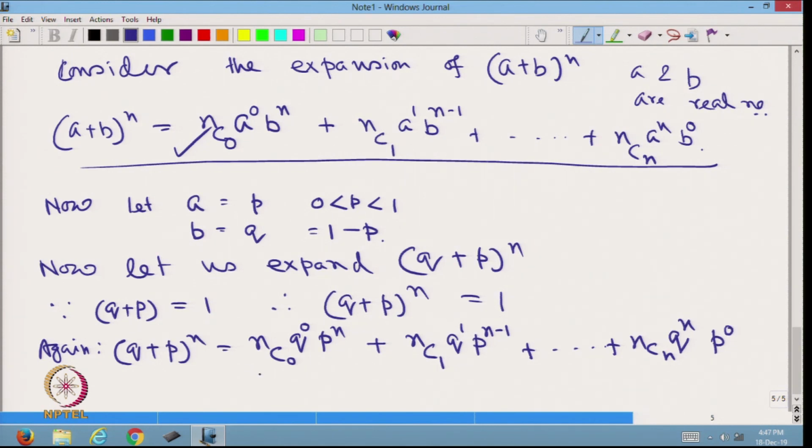Therefore, this sum is going to be equal to 1.